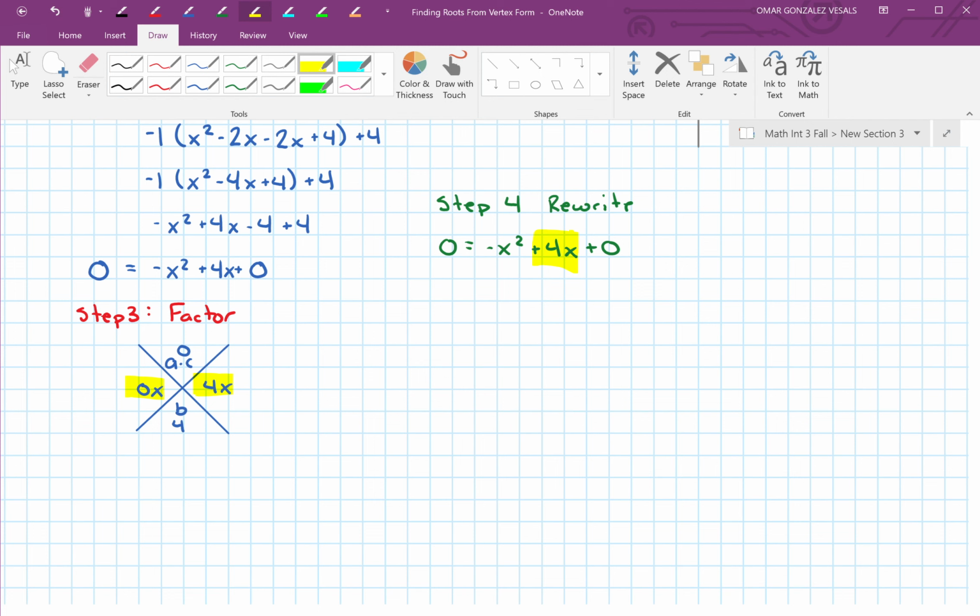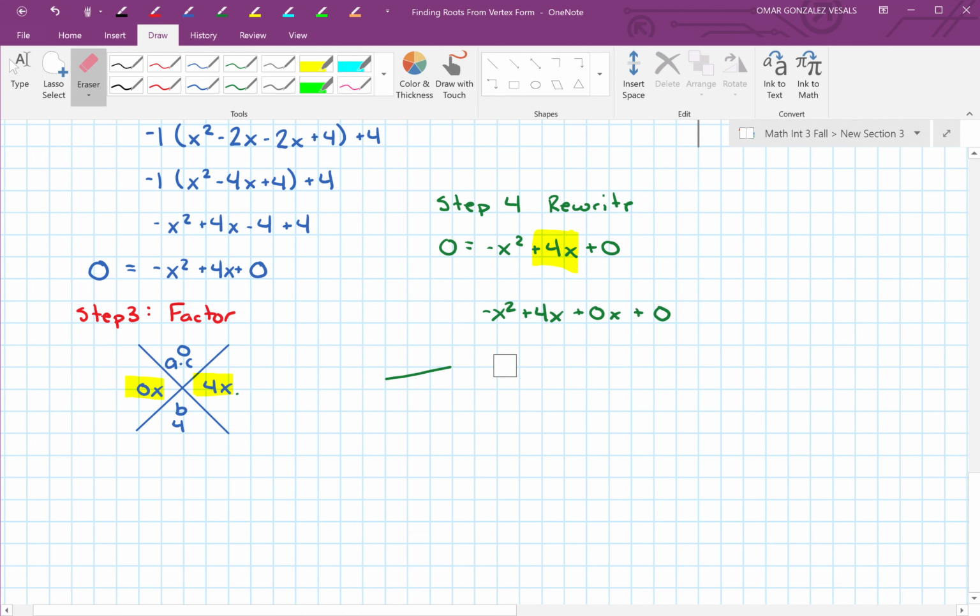I'm going to bring down the negative x squared, plus 4x. This one right here. That 4x plus 0x, plus 0. You don't need to write the zeros, but I'm just writing them just because, okay? I was hoping that we'd get an example without that, but that's what we got right here.